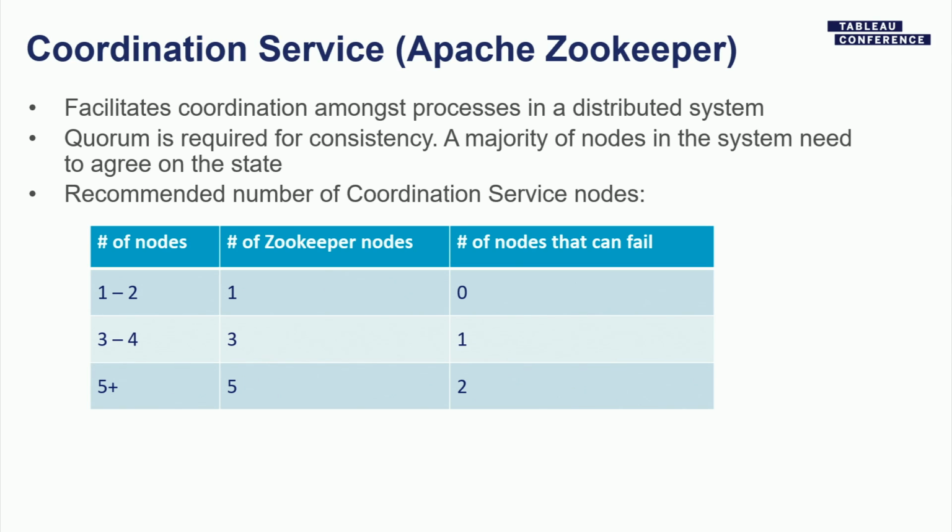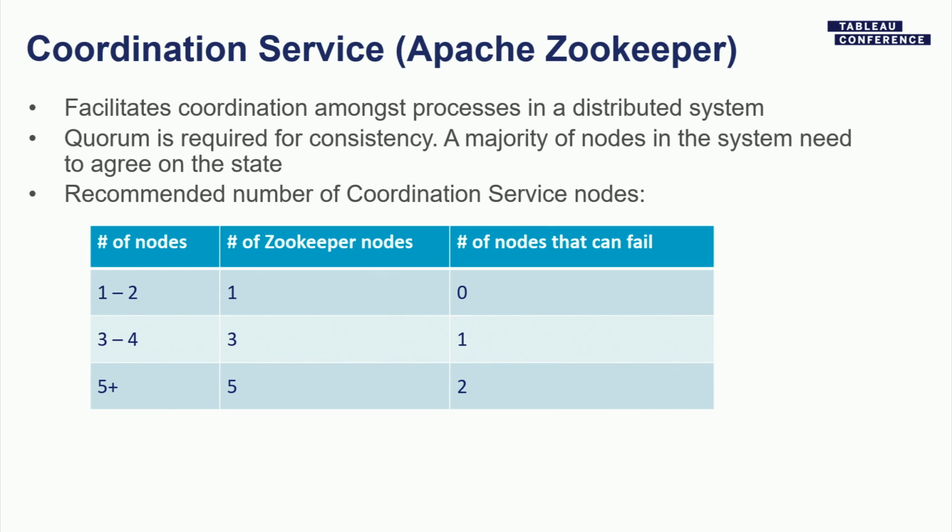So it's not a new component, but with TSM, it's taken a larger role. And so now we've included it as part of the TSM processes, and it stores even more state of the system.